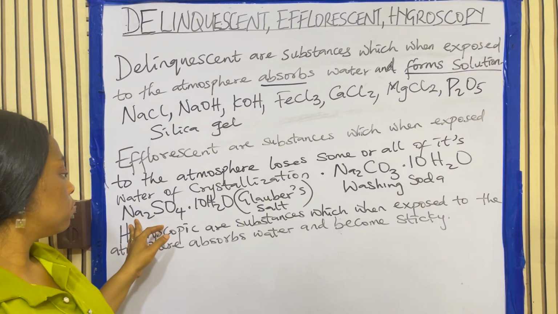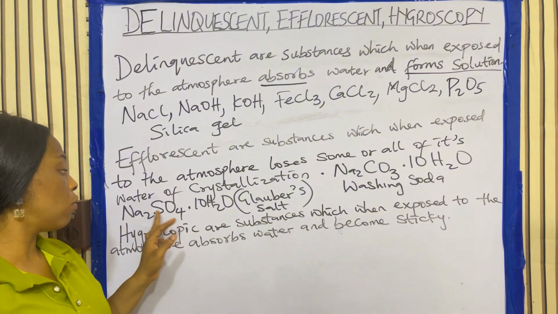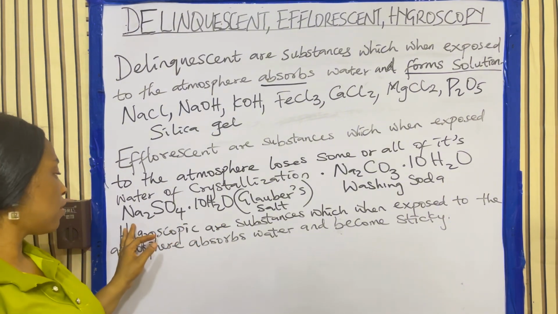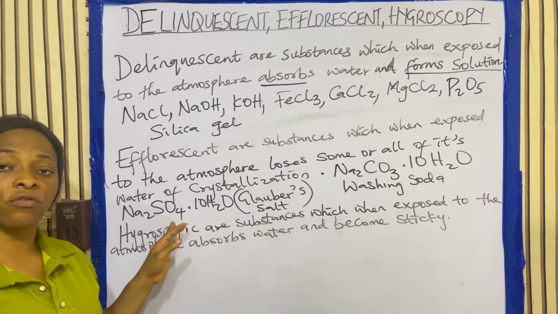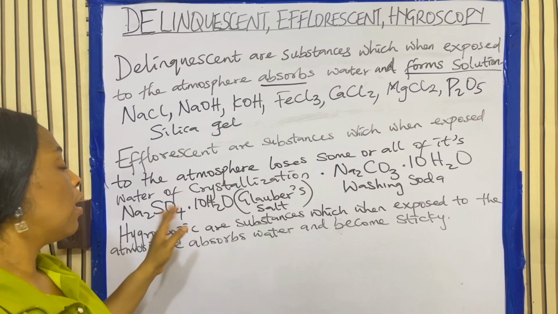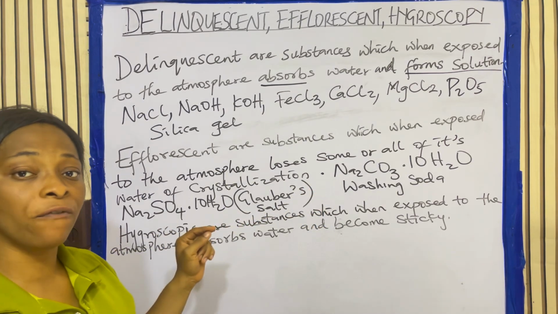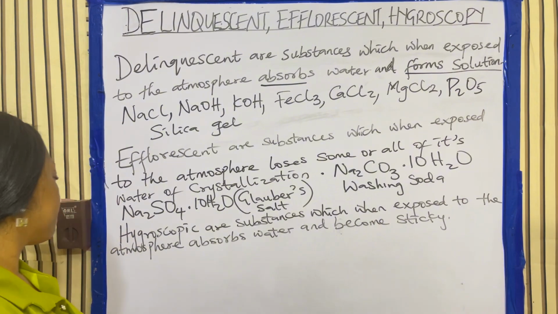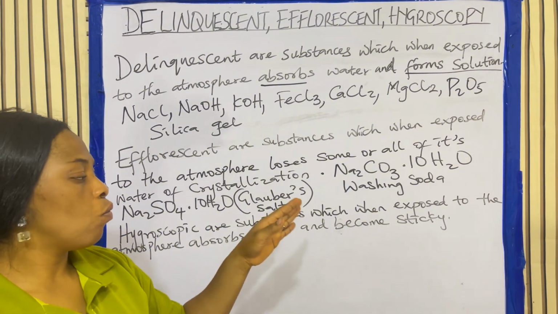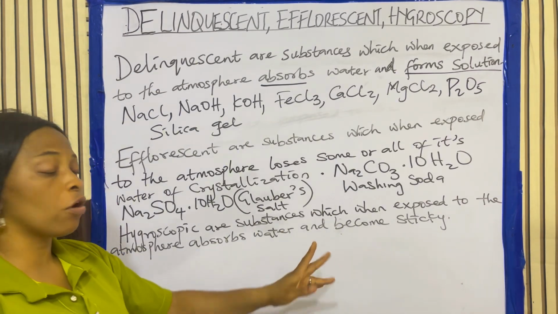Or you have sodium tetraoxosulphate(VI) with one molecule of water remaining, or just the crystals. So these are examples of efflorescence. And the phenomenon is what we refer to as efflorescence.